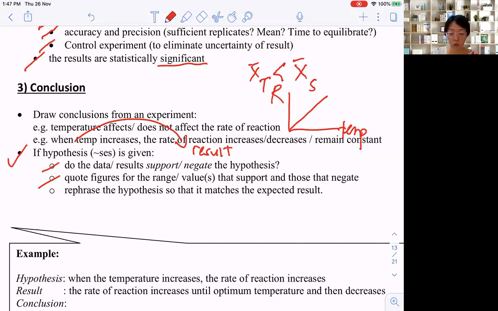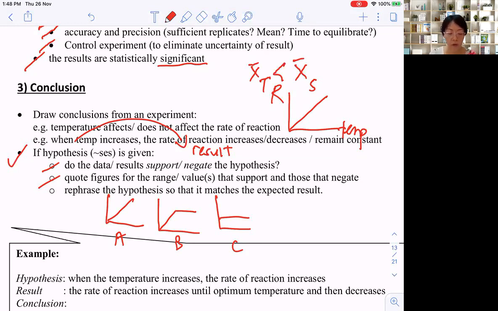But when you get your result, you may get something like this, or something like this, or something like this. Case A, case B, case C. So for case A, you can straight away conclude that the results support the hypothesis. Therefore, as temperature increases, the rate of reaction increases, full stop.